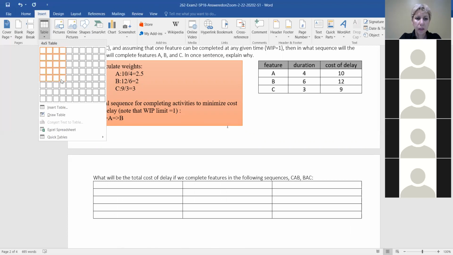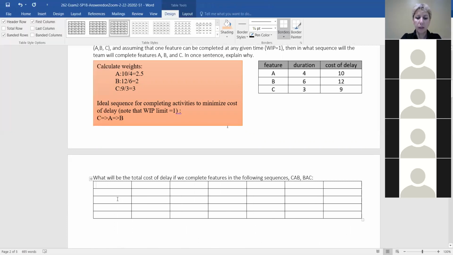So tasks A, or is the first sequence CAB, and we're gonna put wait time here. We're gonna put cost of delay, keep this one empty, and do the same for the other sequence.